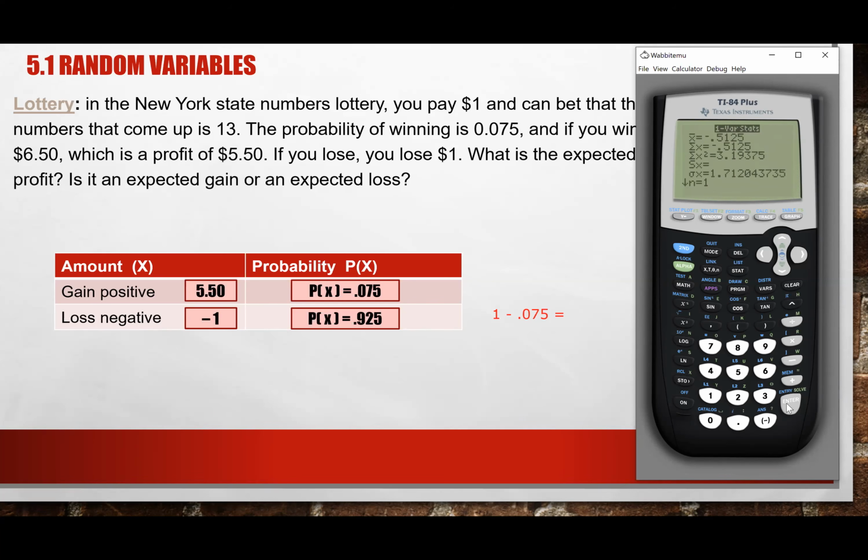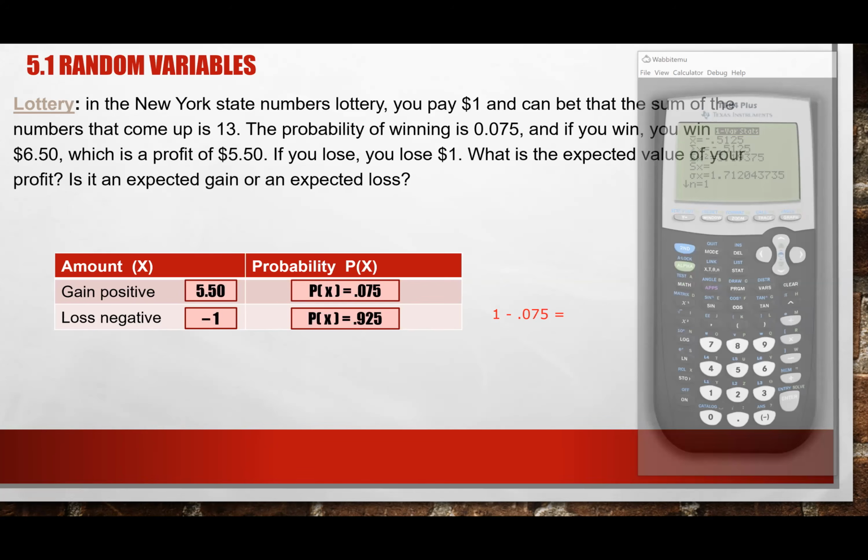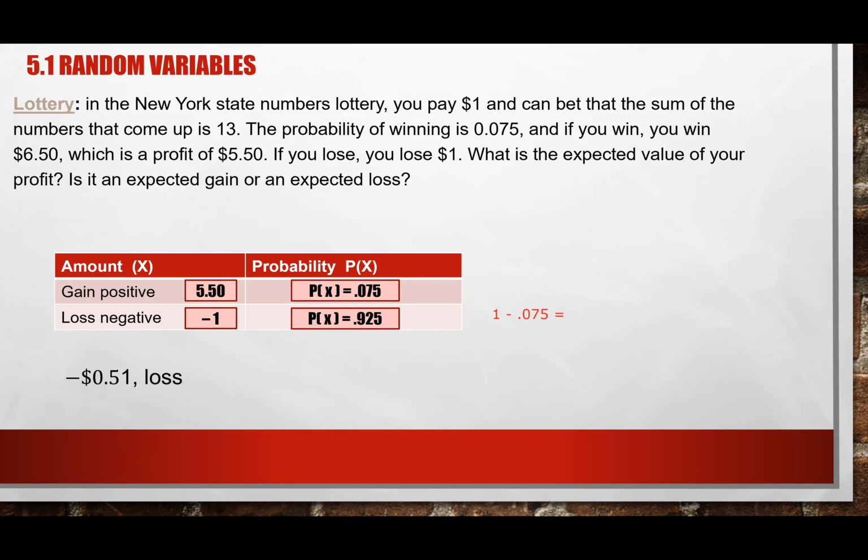As you can see, this game is actually worse than the previous game, right? Here we have a -0.51, meaning in the long run, we expect to lose 0.51. Meaning again, for every dollar you spend on this game, you expect to lose 51 cents.